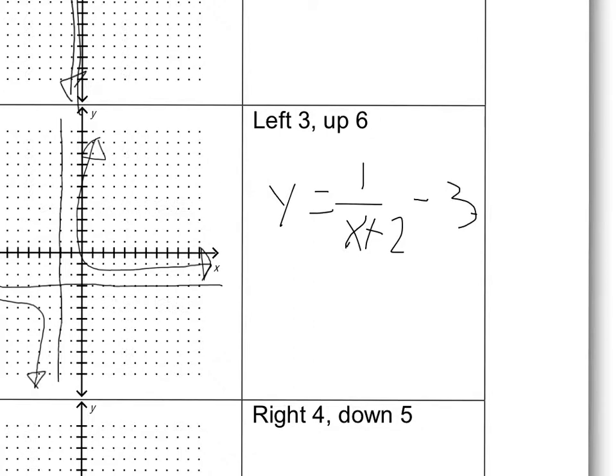Then you transform it. So left 3, now it will be y equals 1 over x plus 5, since you always take the opposite, and then up 6. So add 6 to negative 3, which will equal positive 3.